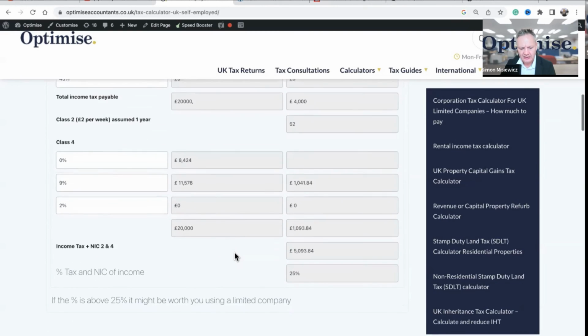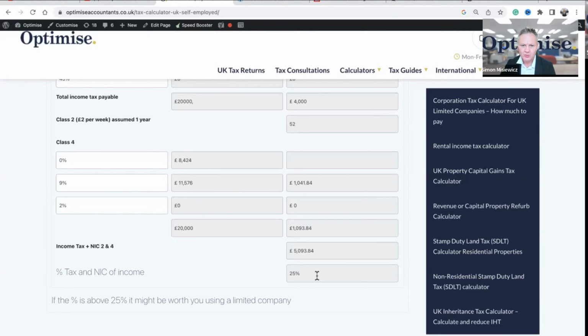Again, if we look down at the bottom, now they've got the total tax and national insurance of £5,000. The percentage of tax and NIC on their income is now 25%. At that point, you might think about using a limited company, because a UK limited company up to £50,000 for the period before April 2023 will be subject to 19%.